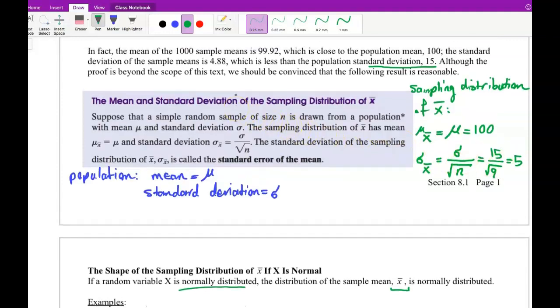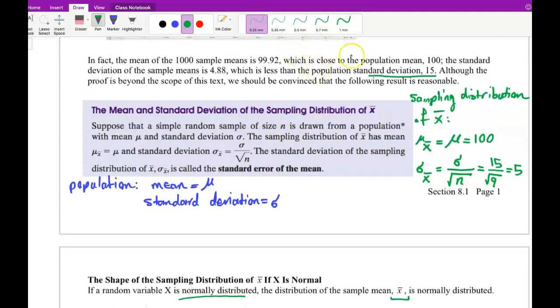But on top you can see that the population mean was given as 100 and the standard deviation of the sample mean is 4.88. This was given, and here we got 5. This is close to 4.88.